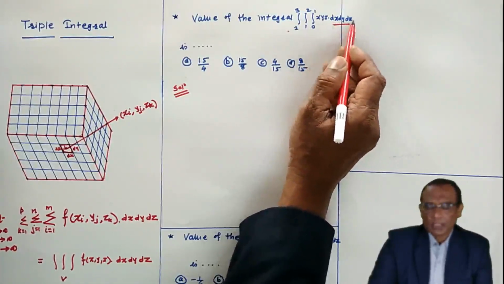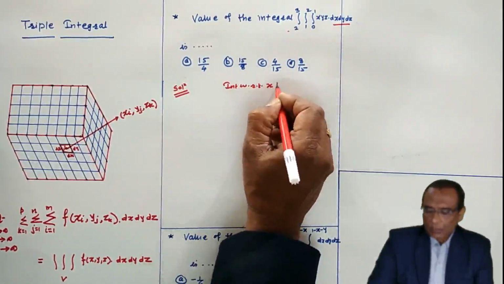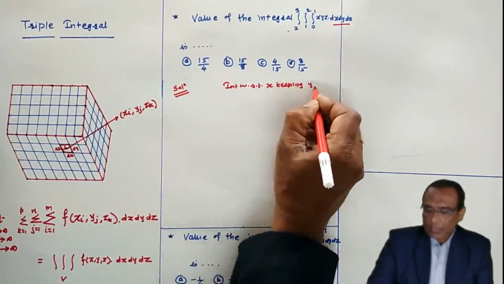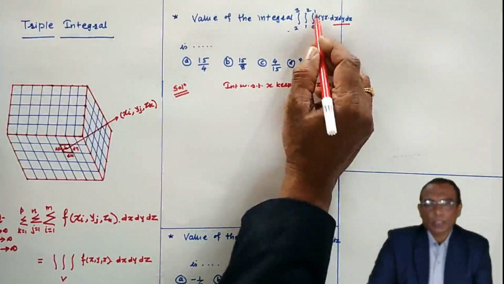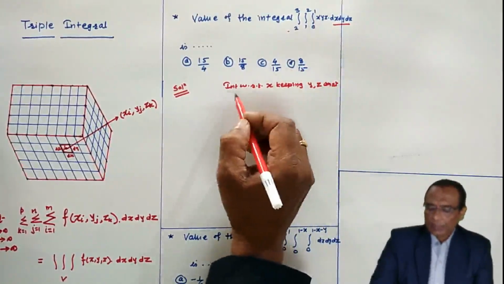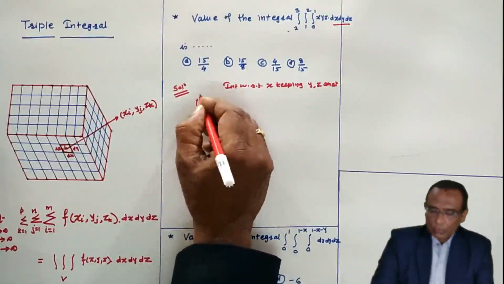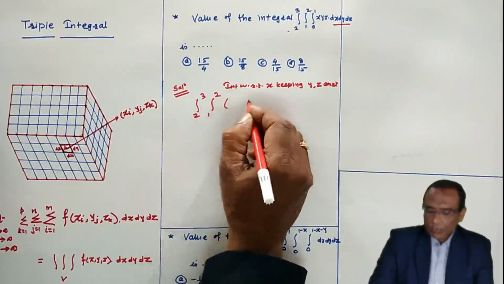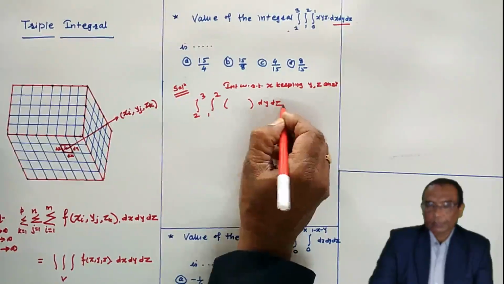dx, dy, dz: integrate with respect to x, keeping y and z constant, because I am considering these as the values of x, 0 and 1. If you integrate with respect to x, then dx should not be carried forward.